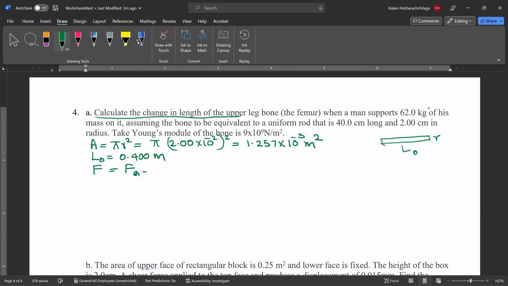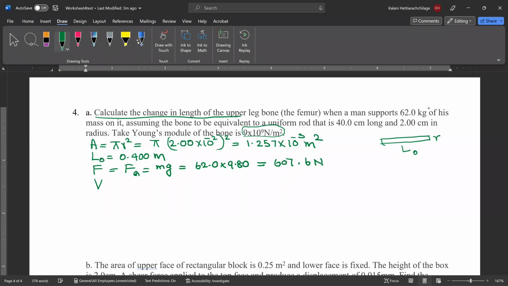Force of gravity equals m times g. So since we have m 62.0 and g is 9.80, that will give me the force as 607.6 newtons.